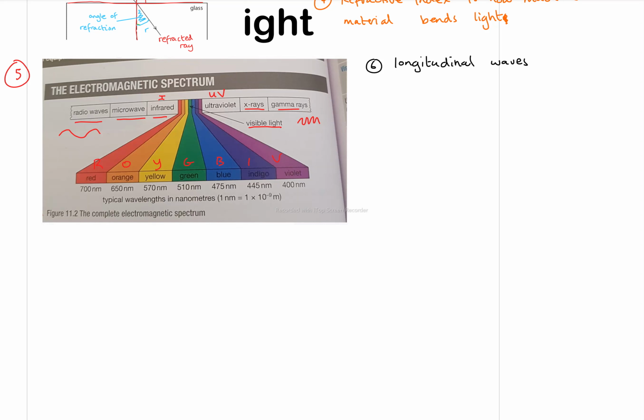Longitudinal waves: the vibrations of these waves are along the direction in which the wave travels.